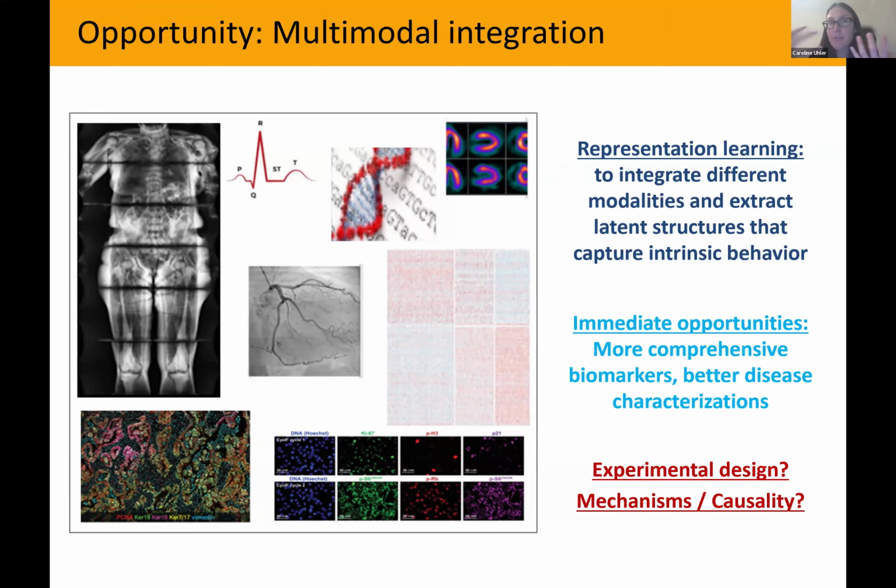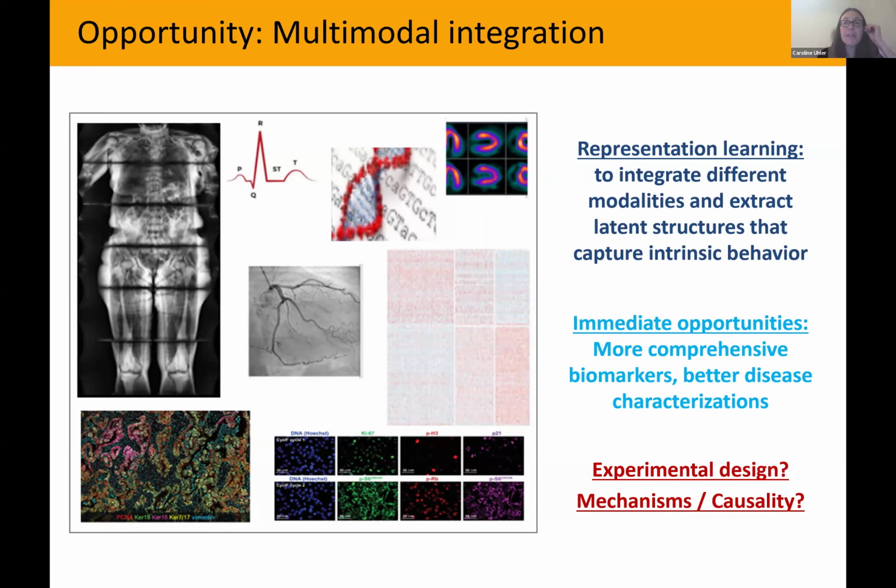So how can we get to causality? Something that is causal in the system should be there, whether you're looking at it from a sequencing lens, from an imaging lens, from a genetics lens, etc. Right? So different modalities might actually help you to get at the causal information because you can then look for whatever is invariant to how you're looking at the system.